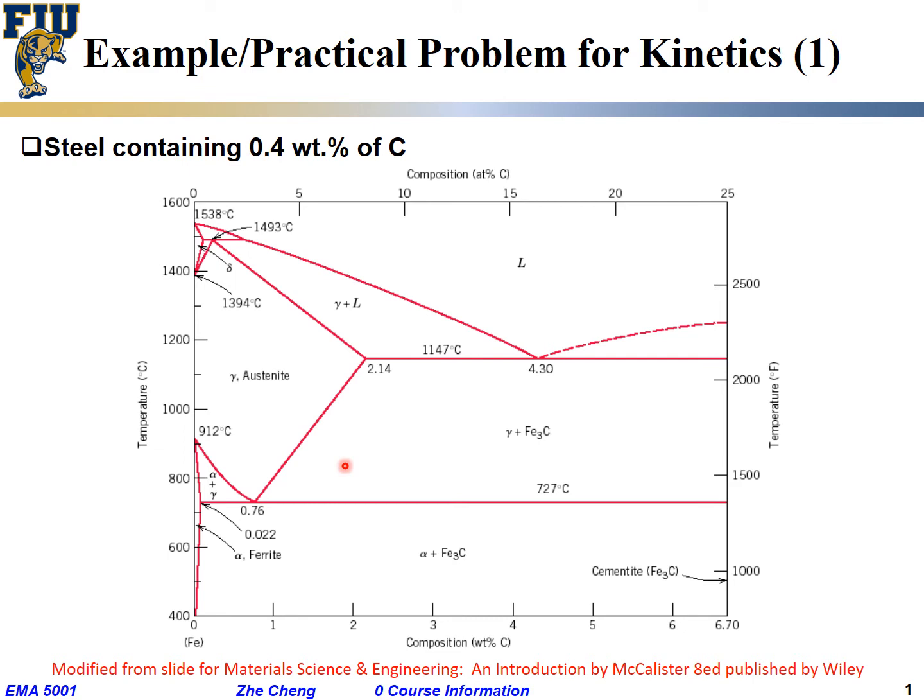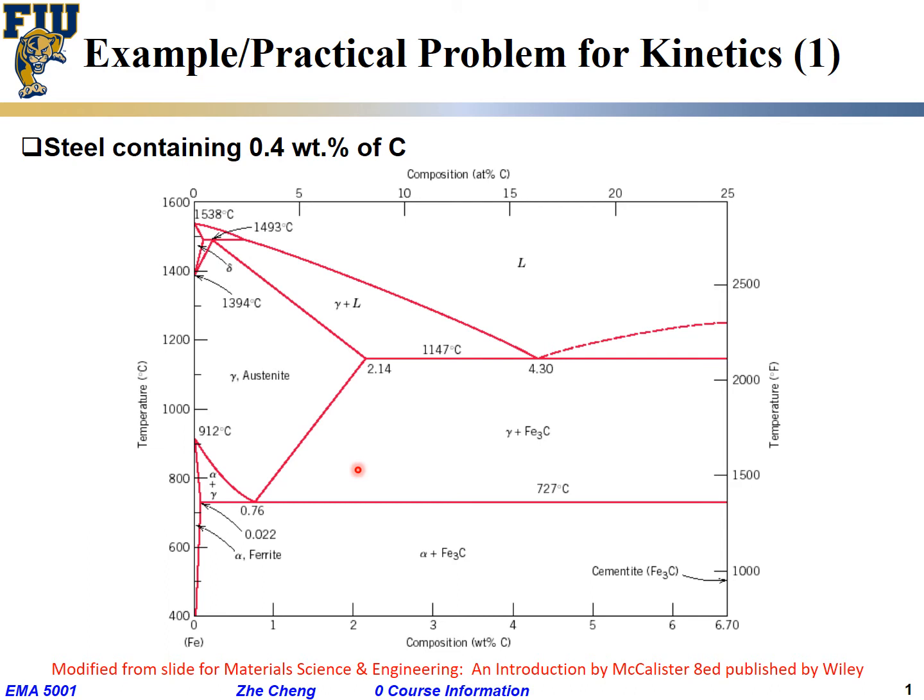That is your composition for the left gamma phase. What's the composition for the other phase, Fe3C? It's given here, 6.7 weight% of carbon in iron. And let me ask you one question. If this is my system, this is my temperature, which phase is the majority?